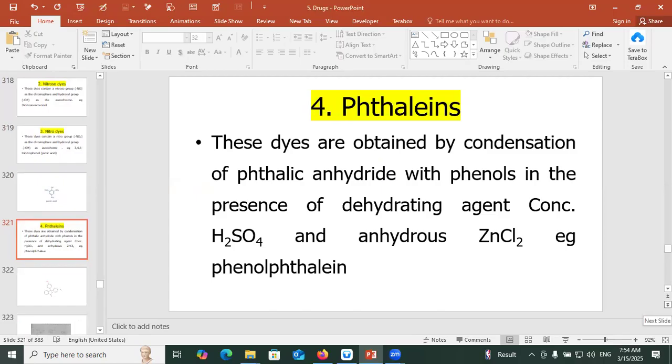Phthaleins: these dyes are obtained by condensation of phthalic anhydride with phenols in the presence of a dehydrating agent, concentrated sulfuric acid and anhydrous zinc chloride, example phenolphthalein.